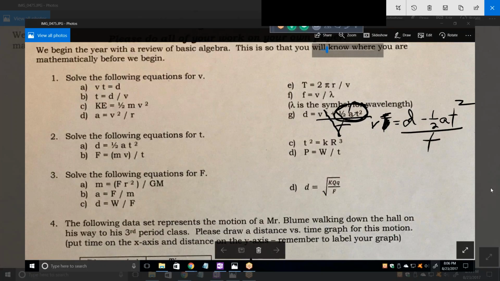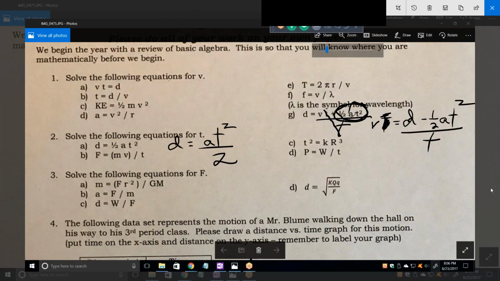How about number 2? I want to make sure you can do this one. These fractions give you trouble? A little bit. So let's rewrite it. It won't give you trouble if it's not a fraction. Now, what's the first step if I'm solving for T?